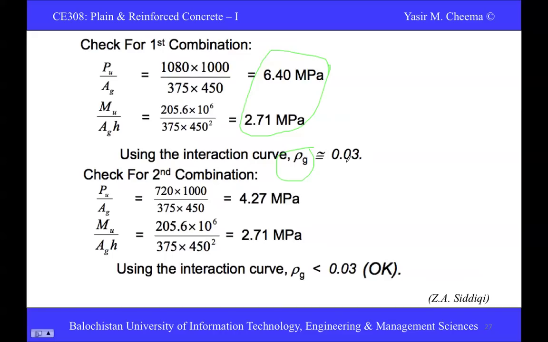And for the second combination, similarly, using the same methodology, we will check whether the second combination also satisfies or not. So again, using the interaction curve, we will find that the steel ratio requirement for the second combination is less than 3%. So that's okay. That's no problem to us.